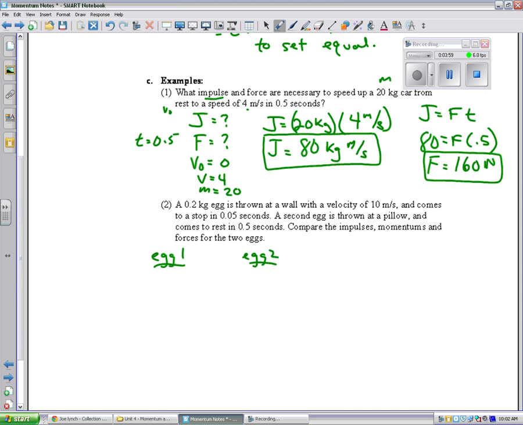Their masses are both 0.2. The initial velocity of both of those is 10. They come to a stop, so their final velocity is 0. That means their change in velocity is going to be minus 10.